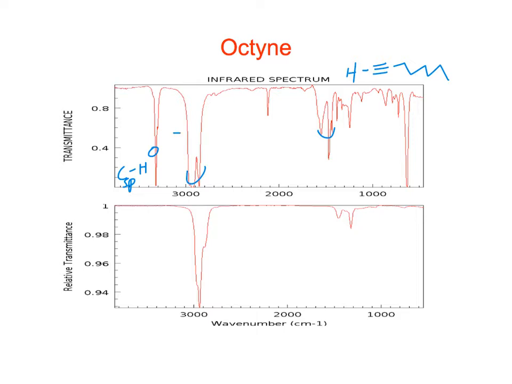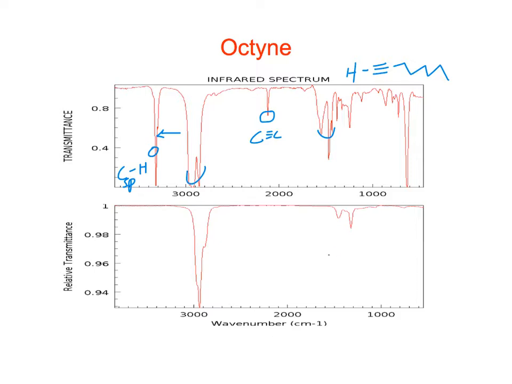So again, that bond is strengthening, and so it's being observed at a higher frequency. For the terminal one here in the middle, this is kind of a unique range. We're seeing the carbon-carbon triple bond stretch.